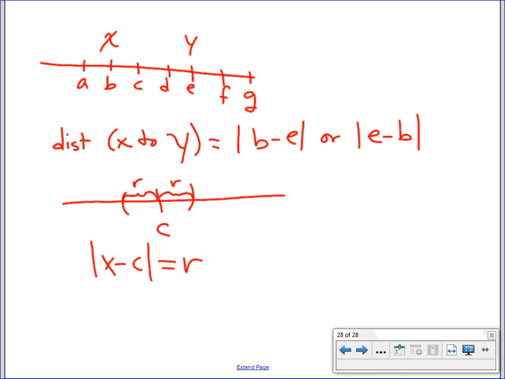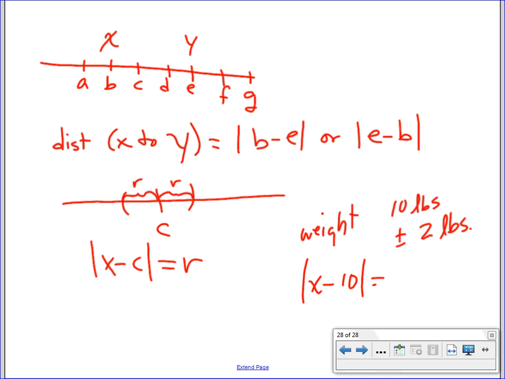So if they tell you that, for example, the weight of a prize dog can be 10 pounds plus or minus 2 pounds, and they ask you to write an equation that gives you the maximum and minimum weight that a prize dog could be, we would let X be the weight of a prize dog, minus the center, which is 10, absolute value would be equal to 2.